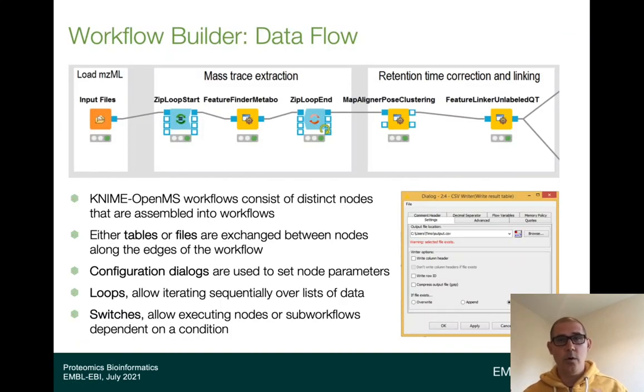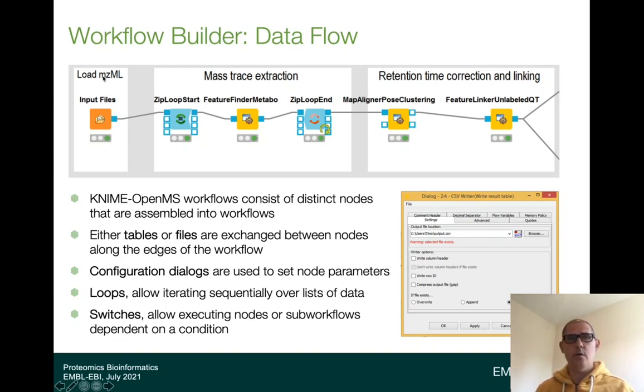For example, the workflow that you see here is a KNIME workflow. It's actually quite powerful for people that are used to desktop applications. As you can see, each task in a workflow is an individual task.